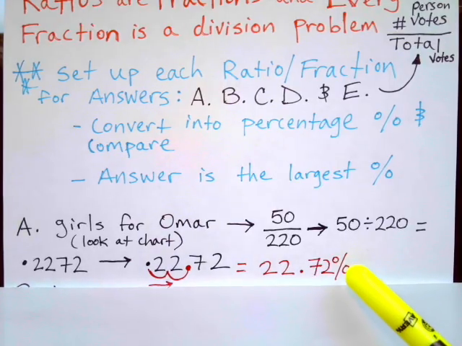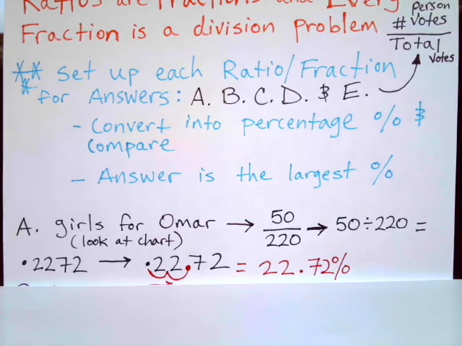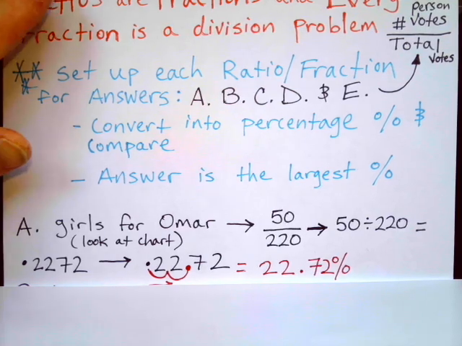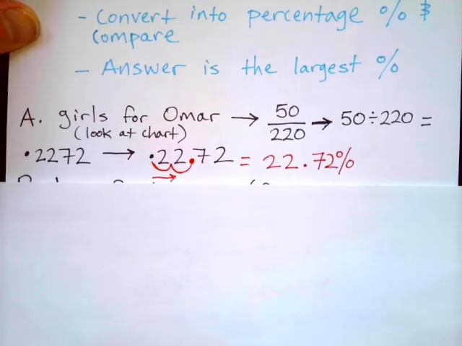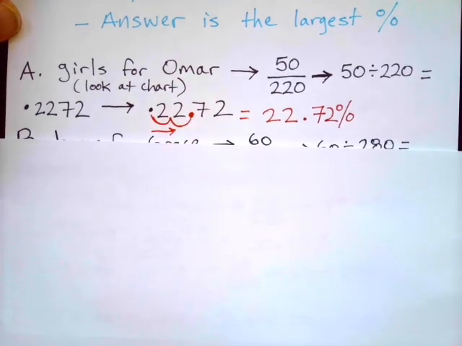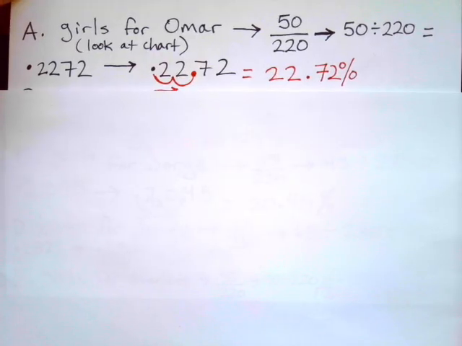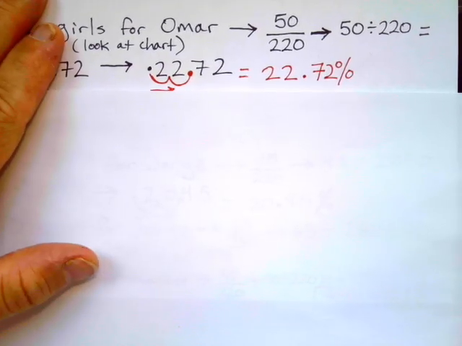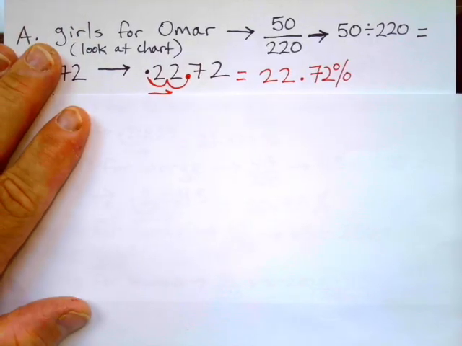Now you can put your percentage symbol, and you've got 22.72%. All right, so we'll compare these towards the end of the video. Let's just keep on going. I would like to show you B, C, D, and E. We'll compare the percentages, and then we will see who is the big winner.